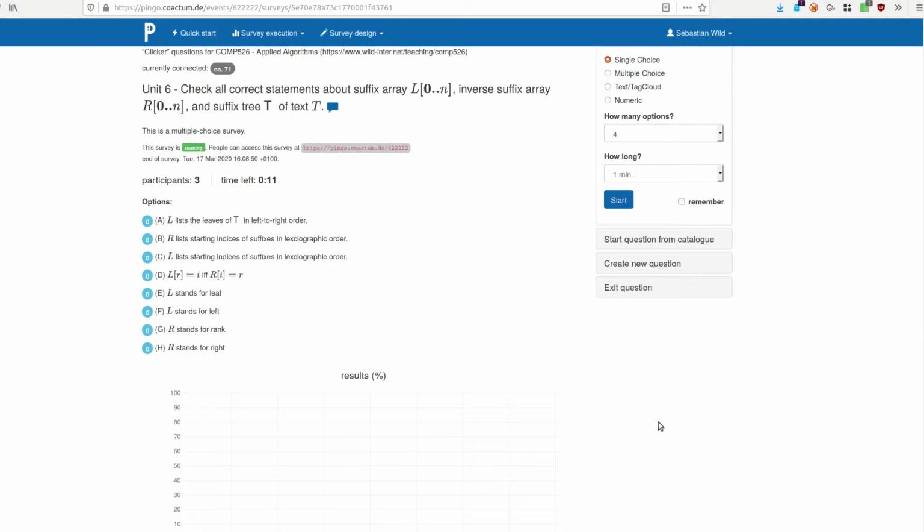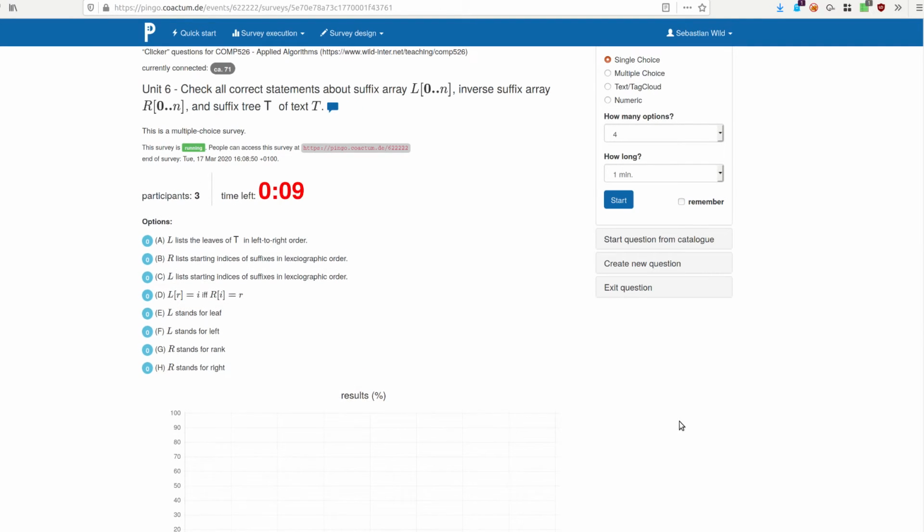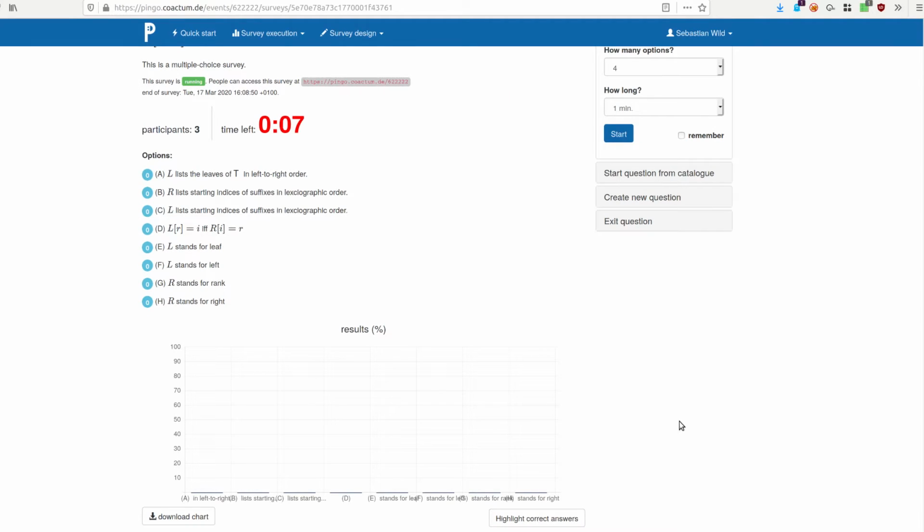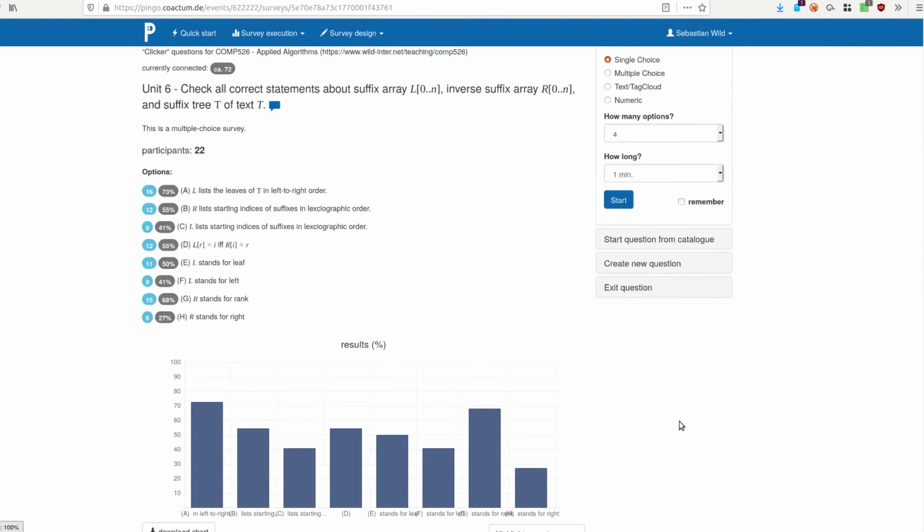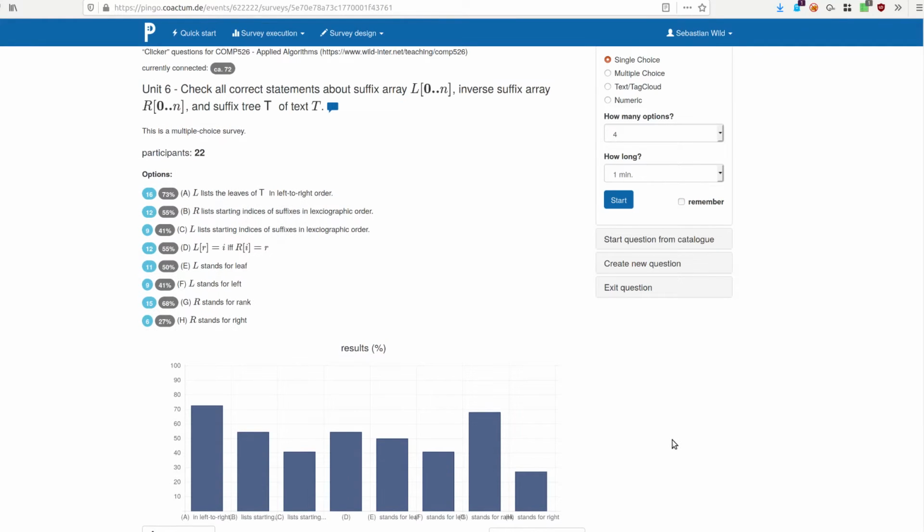So 10 more seconds to complete your vote. I wish there was an option for 1.5 minutes. It seems 2 minutes is a bit too long, and 1 minute might be a little short, but we've already made it through. Good. Okay, so let's see the results, and I'll highlight the correct answers.